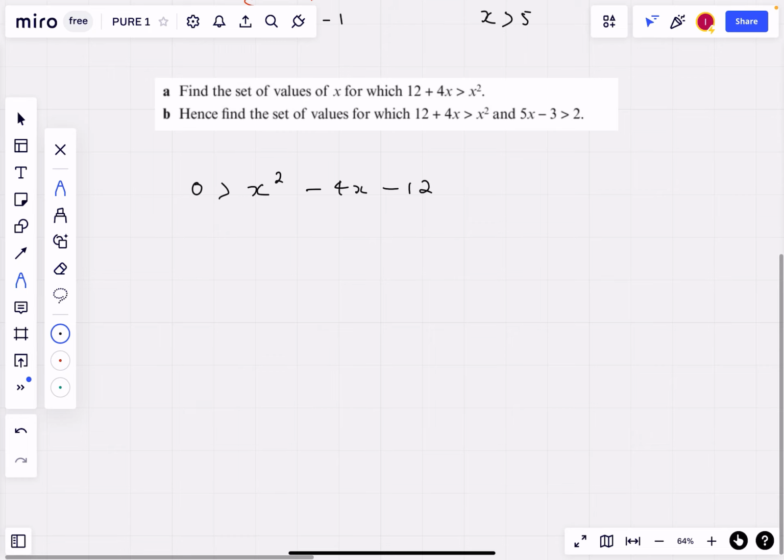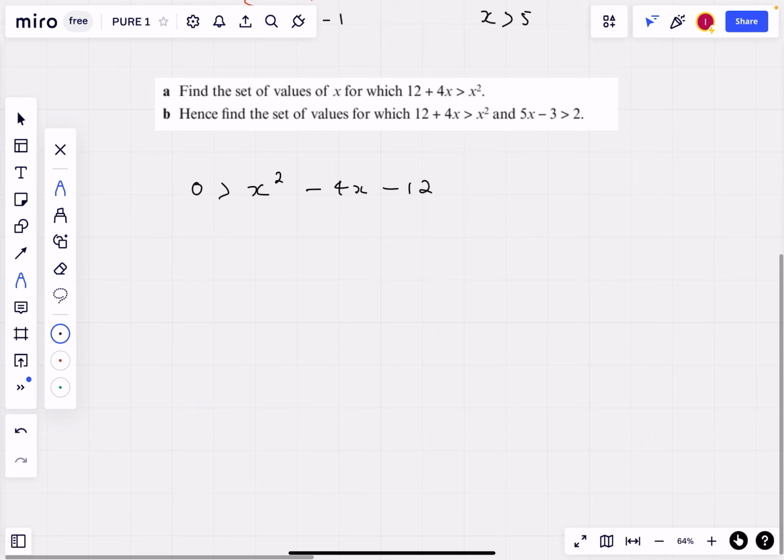You should have gotten x equals minus 2 and x equals 6 because your brackets would have been that. So when we draw it, minus 2 is here, 6 is there. In our question, are we looking at our function below 0 or above 0? We're looking below 0.